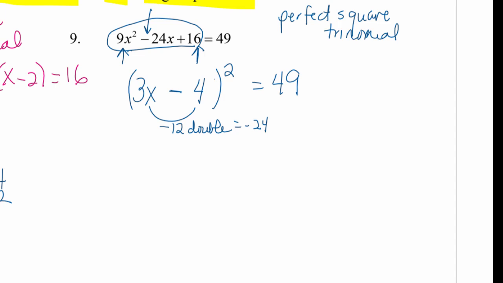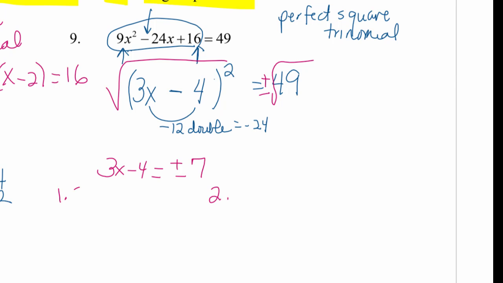So now we're ready to take square root of both sides. Square root property, plus or minus, always on the right with the number, right? And so here we get 3x minus 4 equals plus or minus 7. So now we have 2 equations. One is 3x minus 4 equals 7, or 3x minus 4 equals negative 7.